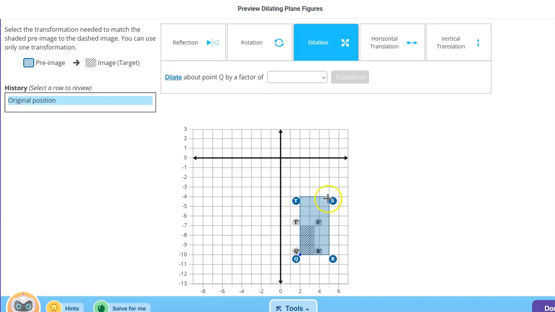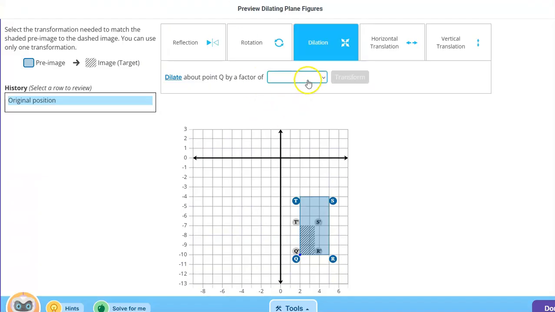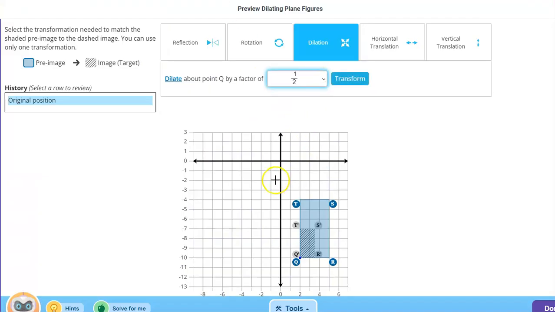My pre-image is this whole thing here. So it's 1, 2, 3. So it's over 3. Well, I know that half of 3 is 1.5. So I can divide both sides by 1.5. 1.5 divided by 1.5 is 1. 3 divided by 1.5 is 2. And you can use your calculator on your Chromebook. So I know that this is a dilation of 1/2.